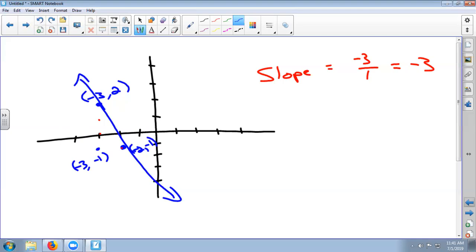It is rise over run. But the rise is how far up or down it goes, right? So it is going to be -1 minus 2.